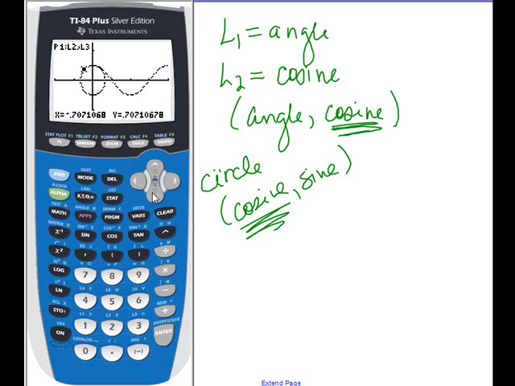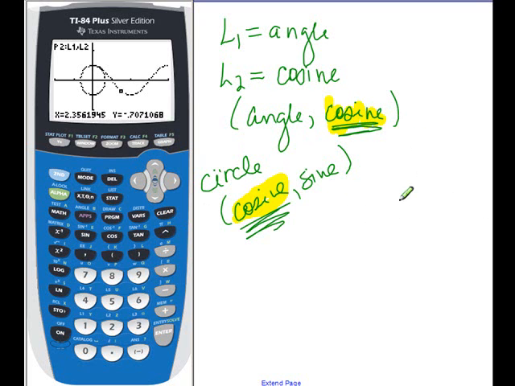That corresponds to an angle of 2.56 radians. So what I'm hoping you're catching on to here is that the x-coordinate of the point on the unit circle matches the y-coordinate of the point on the cosine curve. It's not as easy to see as when we were looking at sine and the y-coordinates for both scatter plots matched.